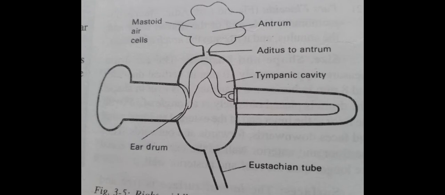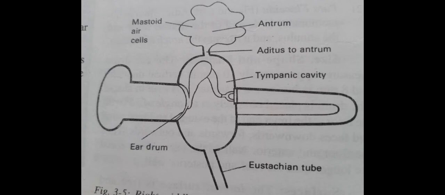The middle ear, this entire cleft, or you can say middle ear cleft or middle ear cavity, is also called the tympanic cavity or tympanum. The entire cleft is lined by respiratory mucous membrane, which is the extension of the mucosa of the nasopharynx.